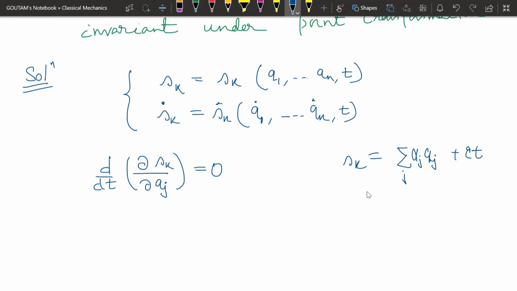So if we take the derivative with respect to any qj, it will be a constant if we do a partial derivative. And then if we take the derivative with respect to time, this ddt of del sk del qj will be 0, right? So this is how the linear transformation is defined.